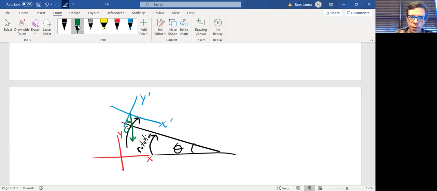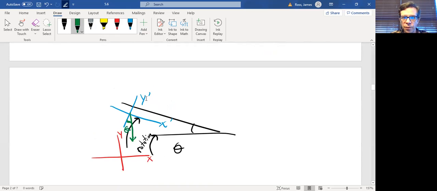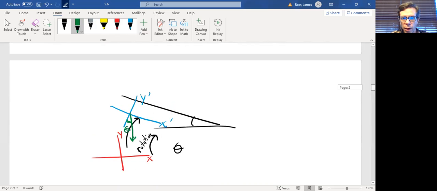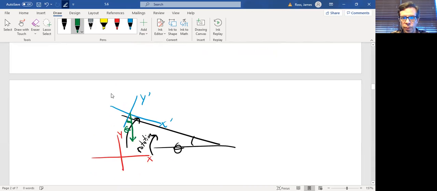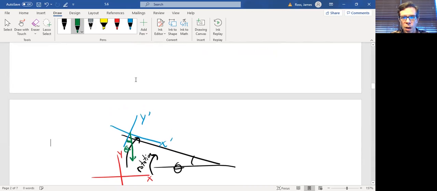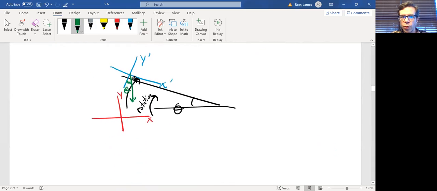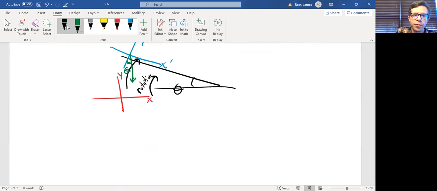So this angle is theta. That's easier to see if you actually take a physical object and rotate it maybe. But, oh, it's not lining up. But we can also do it with some more straightforward geometry. Let's look at the straightforward geometry as well.